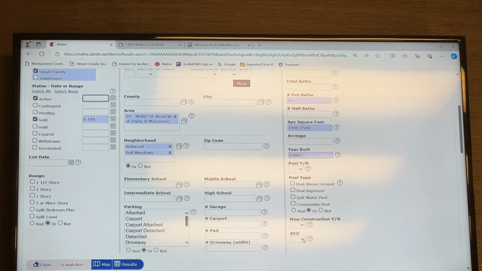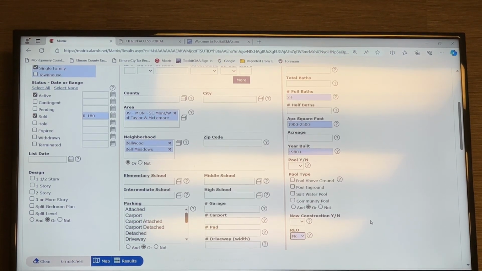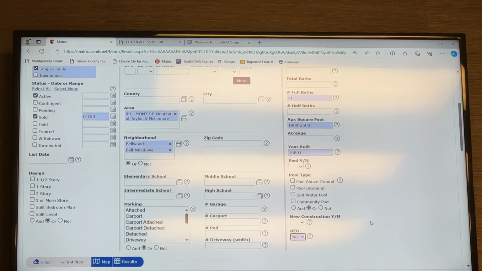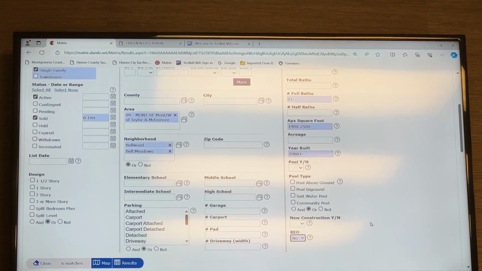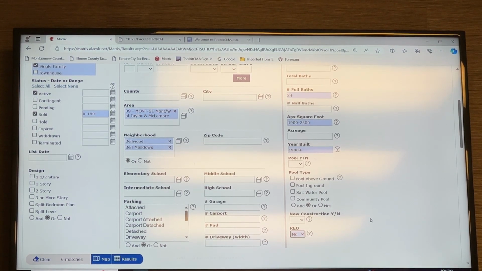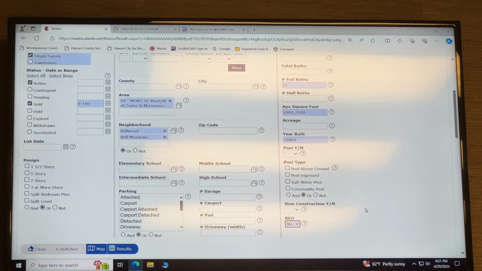REO. I don't want foreclosures. Now, here's your little wrinkle. Fannie Mae used to sell all their houses as is. Gene Robinson, you don't know Gene, you'll meet him.